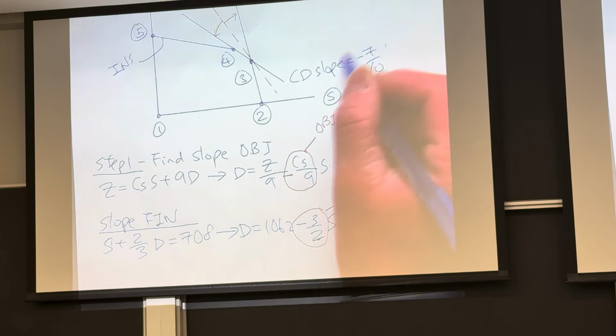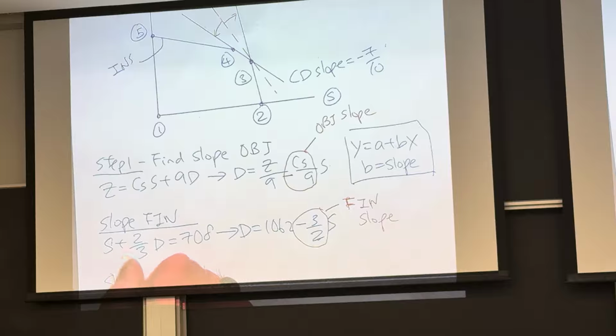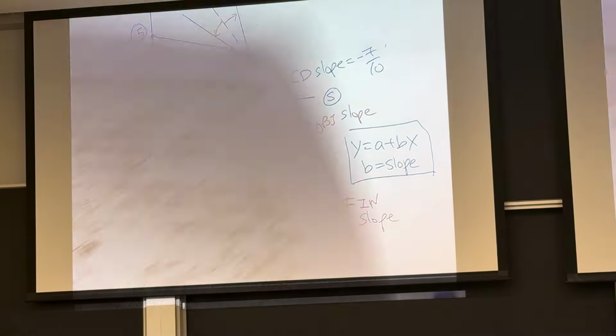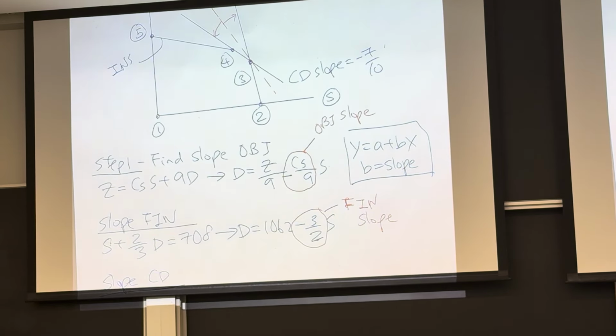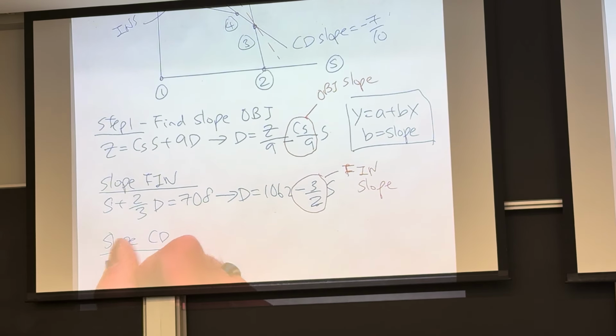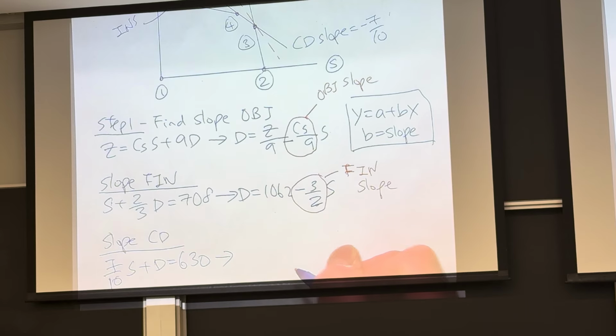Then finally, we'll calculate this cut and die slope here. We see the cut and die equation is 7 over 10s plus d is 630. And so solving, I get d is 630 minus 7 over 10s.